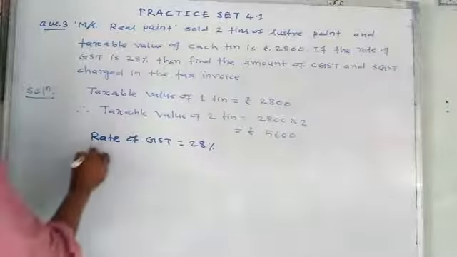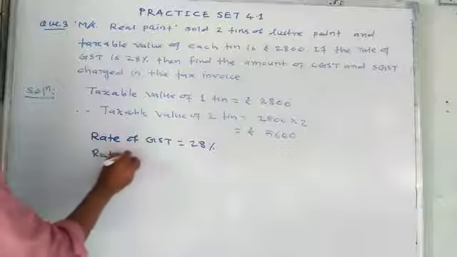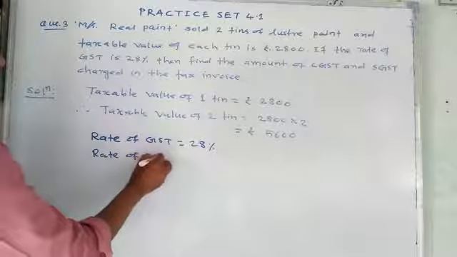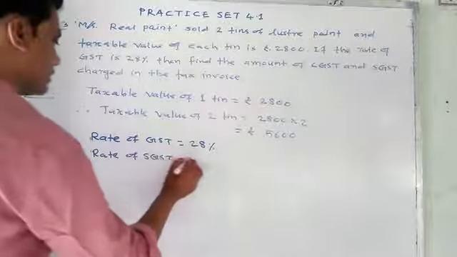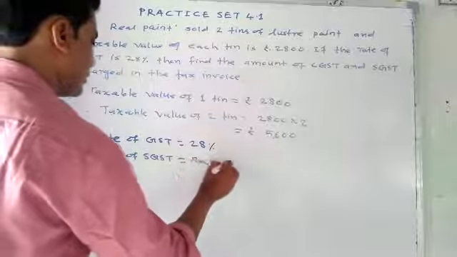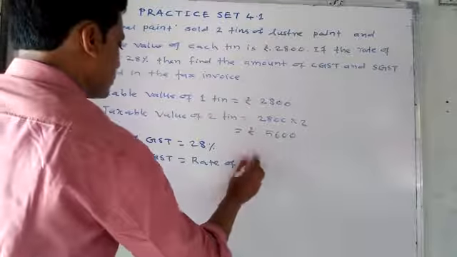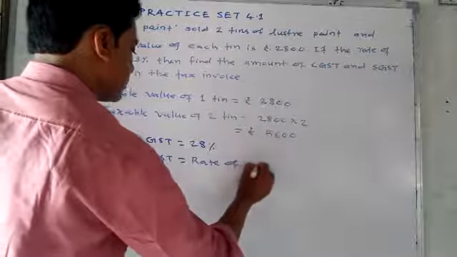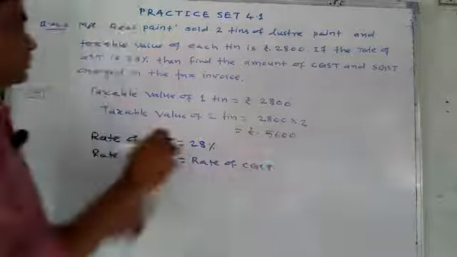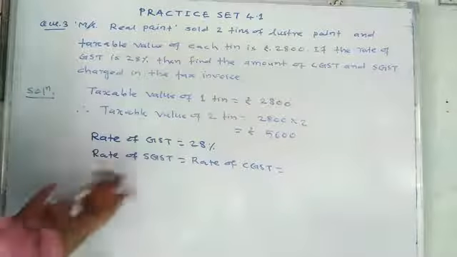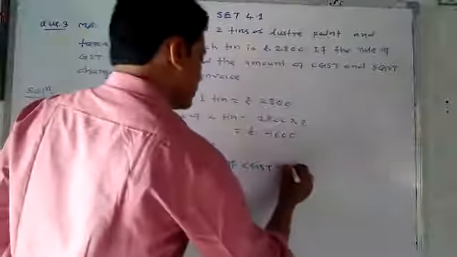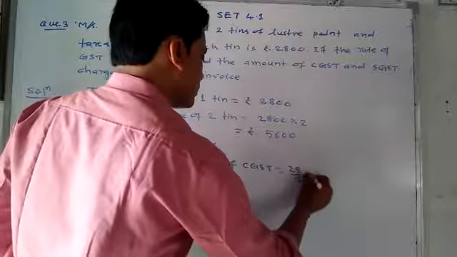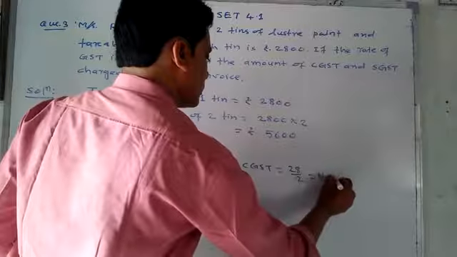Therefore rate of SGST and rate of CGST are each half of GST. The rate of GST is 28, so 28/2 means 14%.